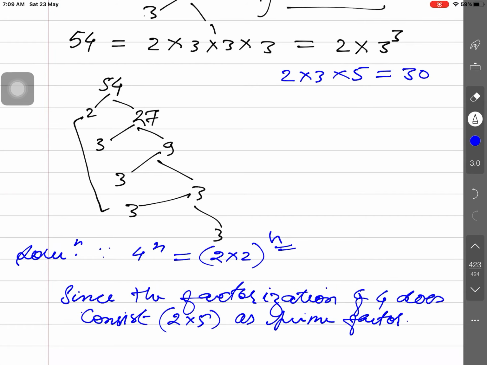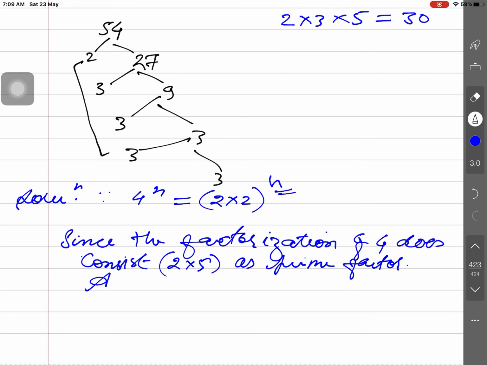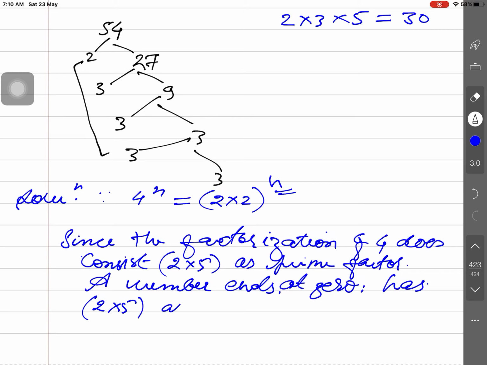Why? Because a number ending at 0 has 2 and 5 as prime factors.